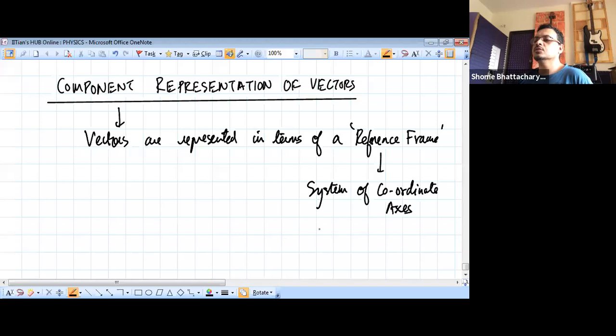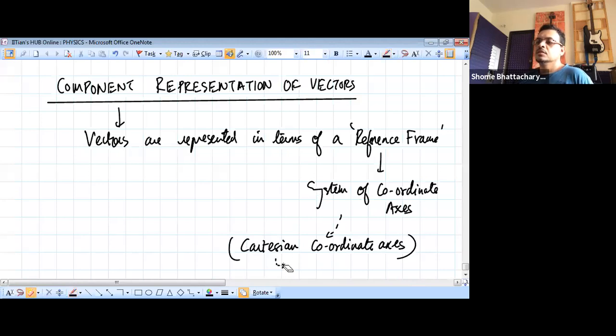Okay. So then the question is which type of coordinate axis? So they are called Cartesian coordinate axis. So Cartesian में क्या होता है? The coordinate axes are mutually perpendicular. So that is the meaning of Cartesian.